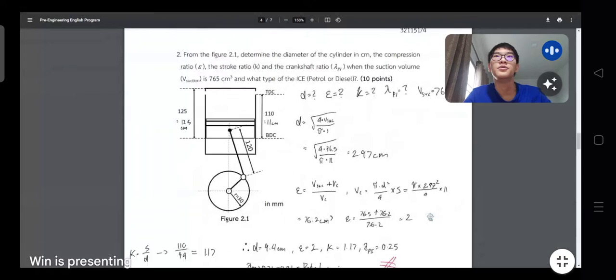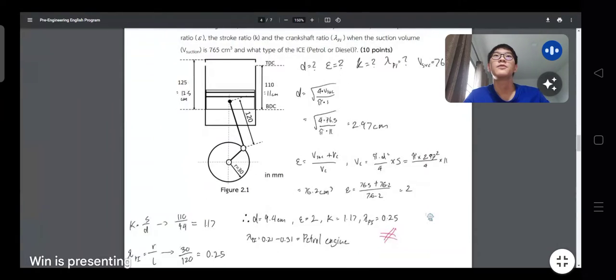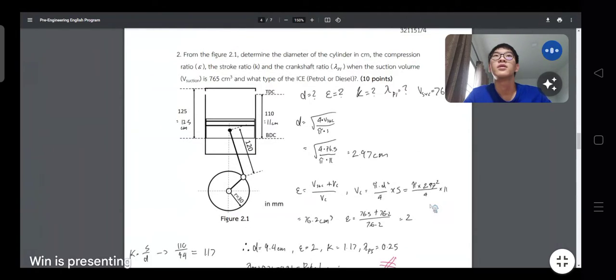Next, on to number 2. Number 2, we have to find the diameter of the cylinder in cm, the compression ratio, the stroke ratio, and the crankshaft ratio. We were given that V suction is equal to 765 centimeters cubed.